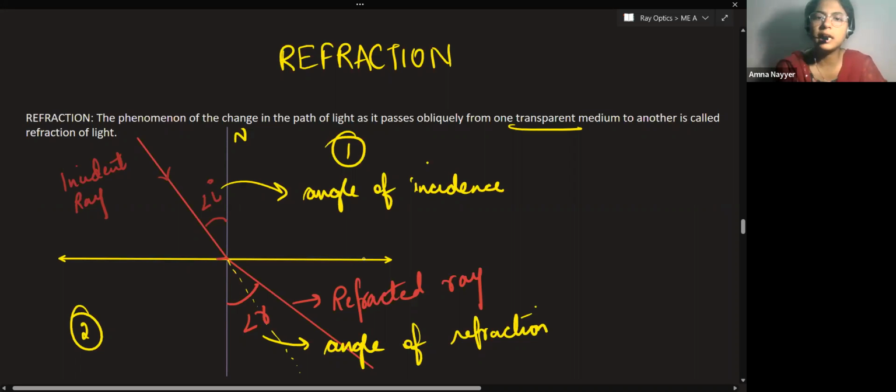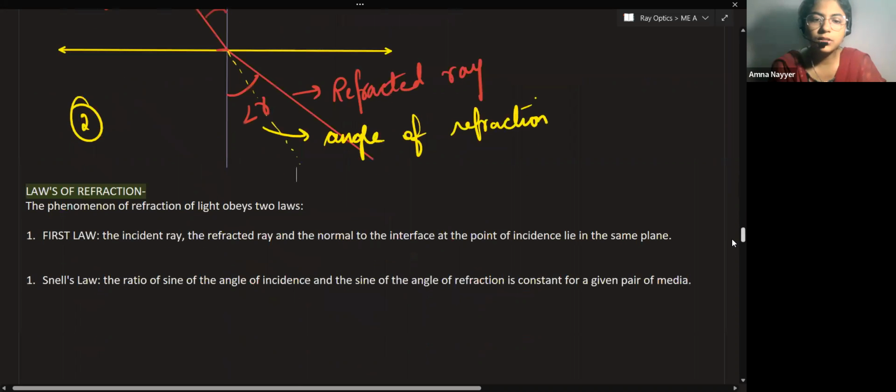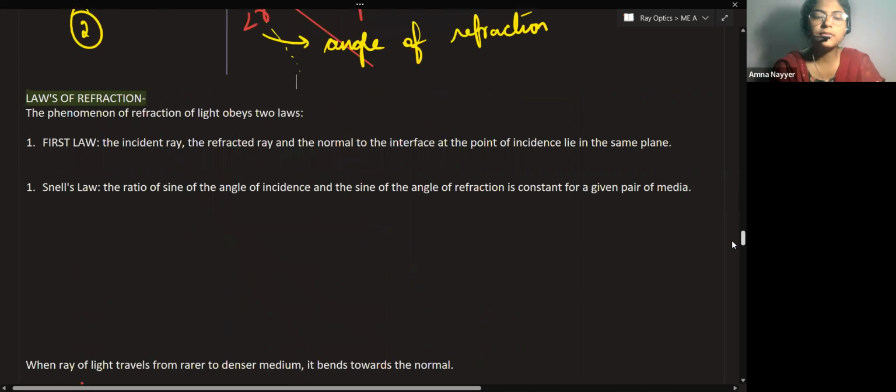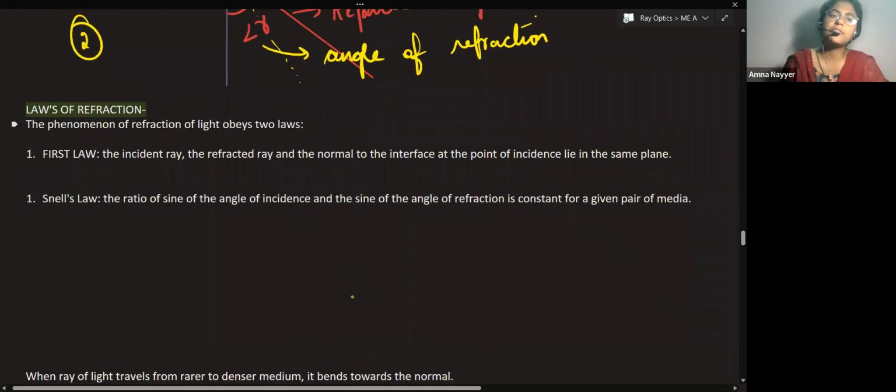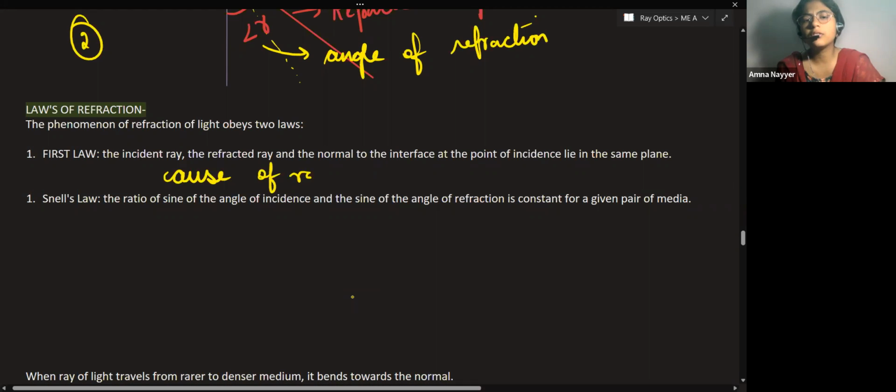So the first law of refraction says the incident ray, refracted ray, and normal to the interface at the point of incidence lie in the same plane.